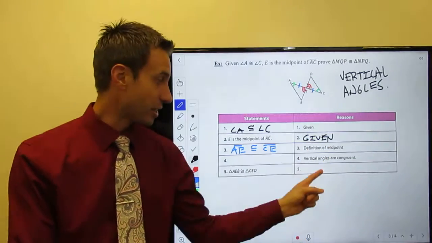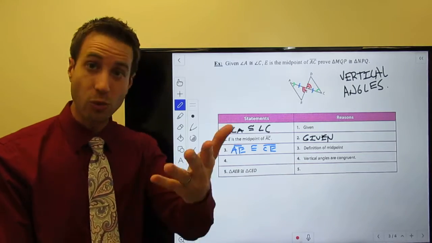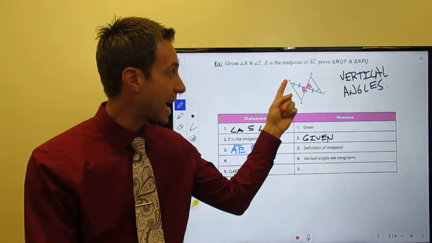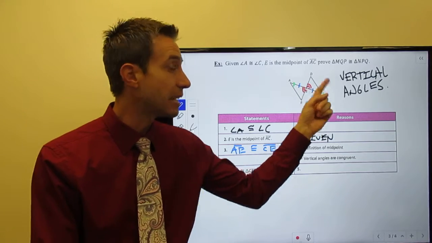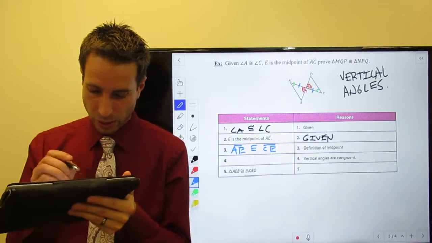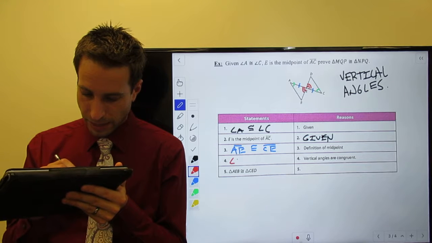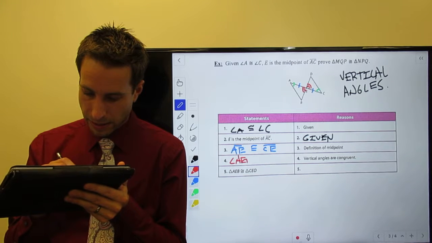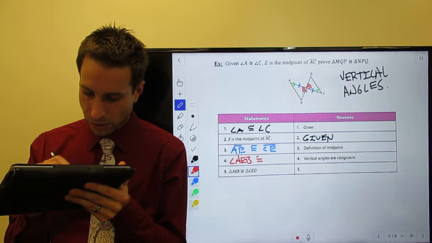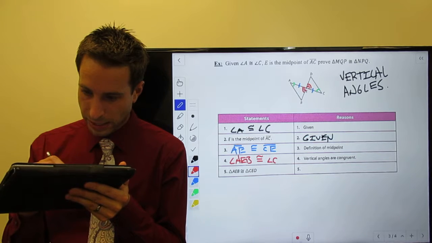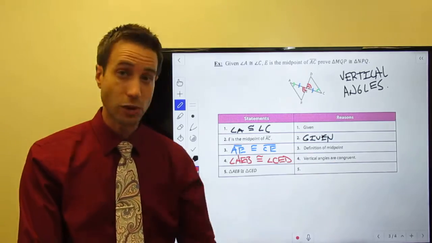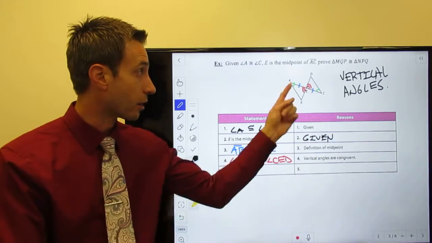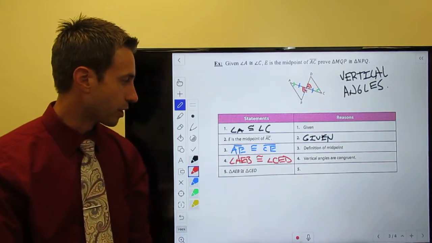There it is, right? You see, vertical angles are congruent. Well, what does that tell me? That tells me that angle AEB is congruent to angle CED. Vertical angles are congruent. There they are. Those are my vertical angles. I know that they're congruent.